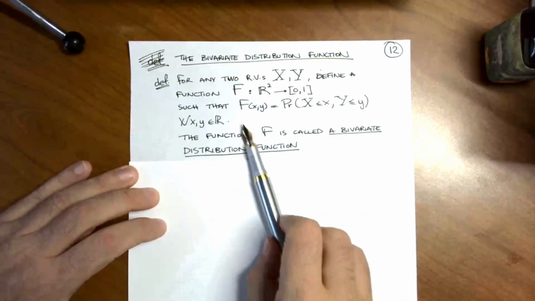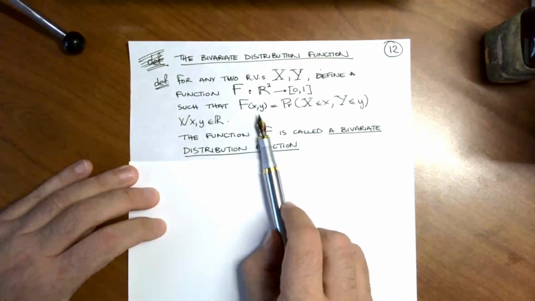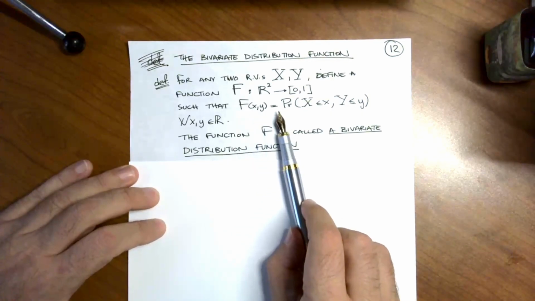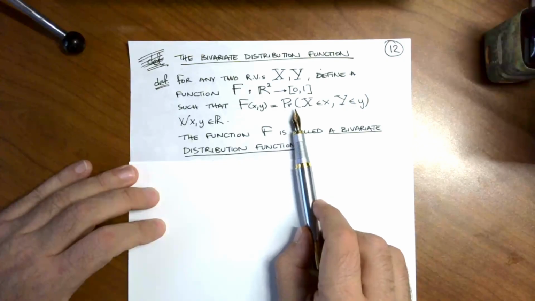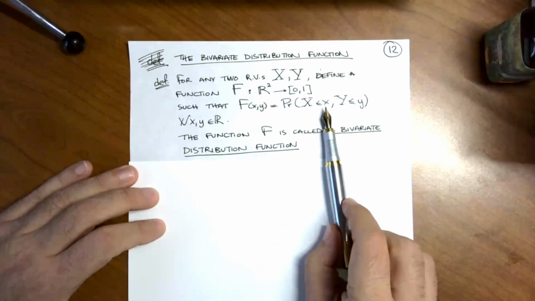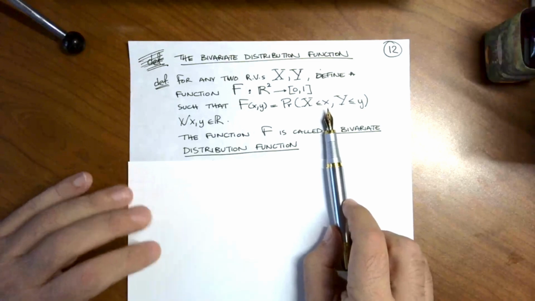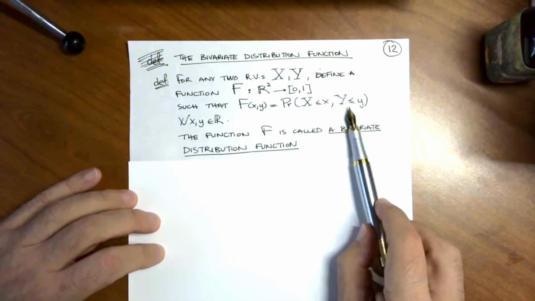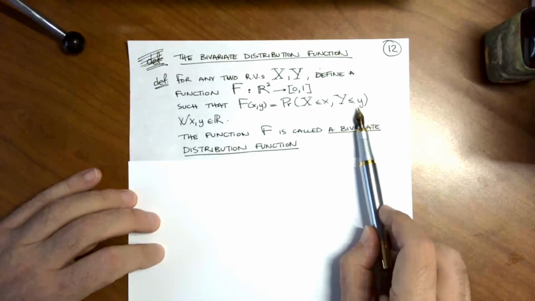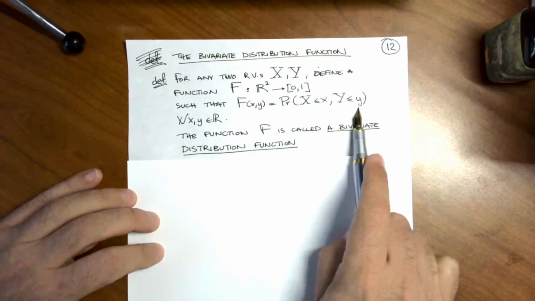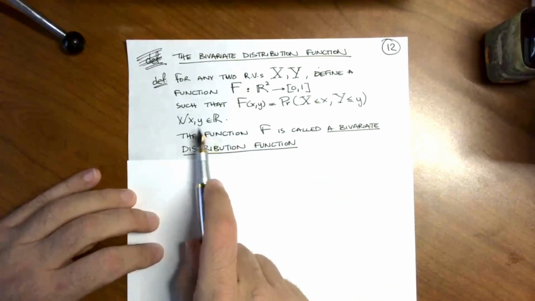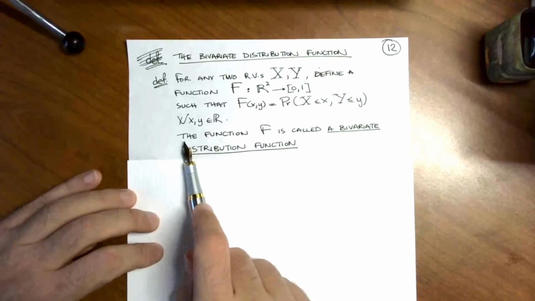Such that that function, capital F of x, y, remember two arguments in the bivariate case, is going to be giving us the probability that the random variable x takes a value less than or equal to this specific x value, the lowercase x, and your y random variable takes a value less than or equal to lowercase y. Think about these two things as being specific numbers here. And that holds for any x, y in the space of real numbers.